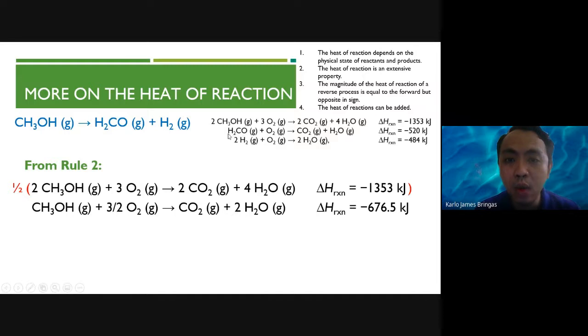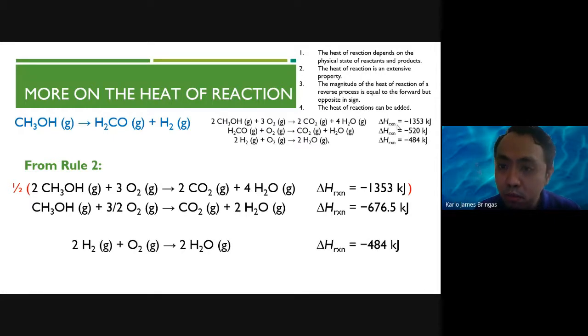So gagawin natin, again, i-copy lang natin itong second thermochemical equation that we have. Okay, sa H2 pala ako nagtingin, sorry. H2 pa pala aking gitype, sorry. So for the H2 pala, ang ating gagawin pa first. But anyway, you can do it in any order naman.